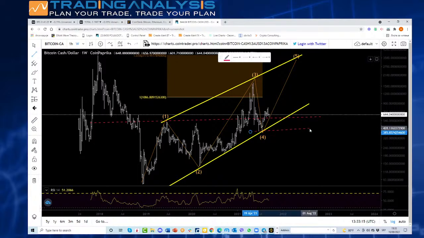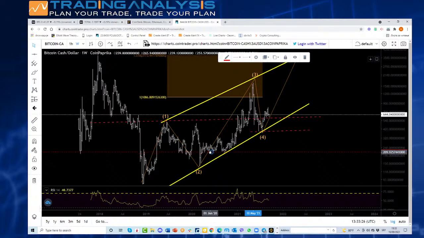I will not like to see a break of these levels lower, because in that case, it means that the next support level might be something which we will see on Bitcoin Cash. So be careful. These are the two things which I will watch.